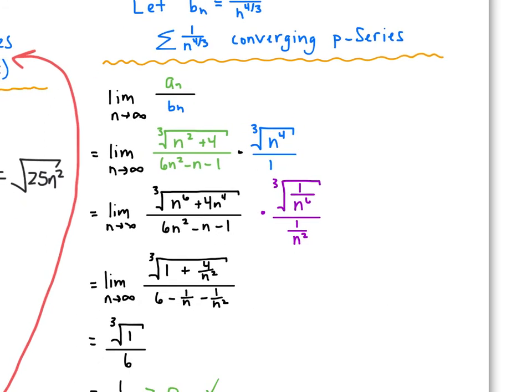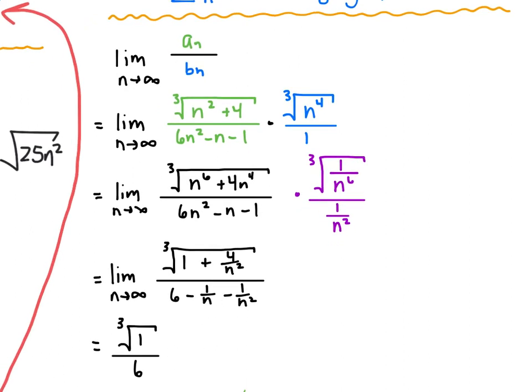Okay, now if we multiply this out, I can multiply the numerator because they're both underneath the cube root. So n to the 4th times n squared is n to the 6th, and 4 times n to the 4th. So we have the cube root of n to the 6th plus 4n to the 4th, all over our denominator, and we're taking the limit as n goes to infinity.